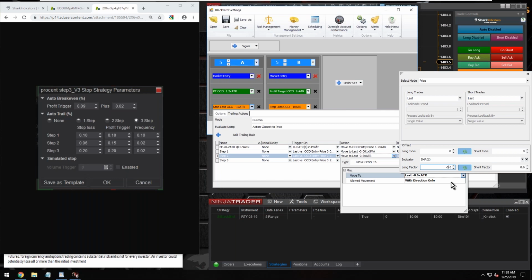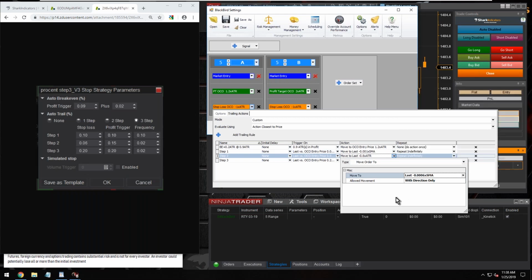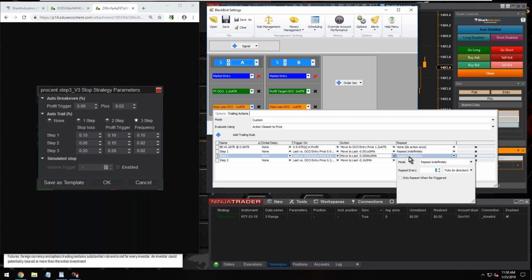All right, so this is going to be, let's see, 3 zeros. Yeah, there we go. Okay, so 0.0006. All right, and again, our repeat every 2 ticks.